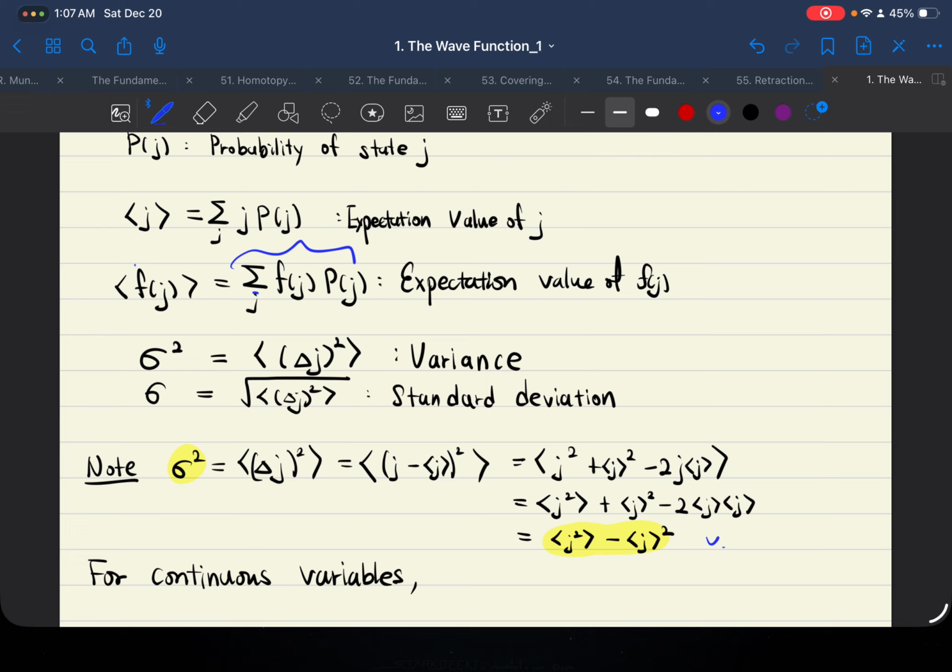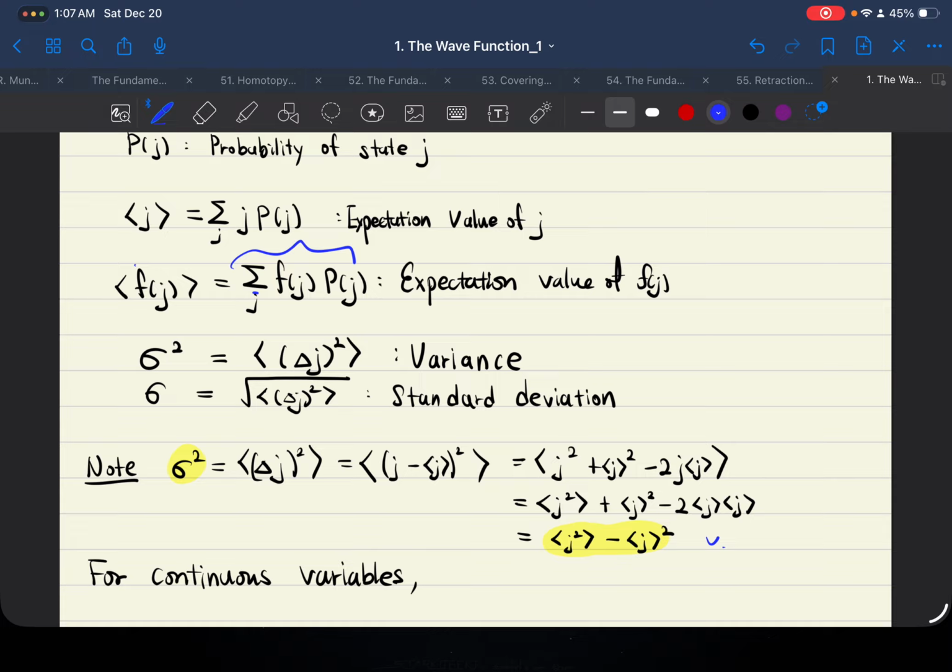This bracket of f(j) is also computed by this simple formula, and here is the variance. Sigma squared is the expectation value of the square of delta j, and sigma, of course, is the square root of the expectation value of the square of delta j.